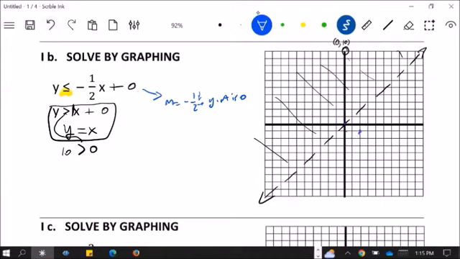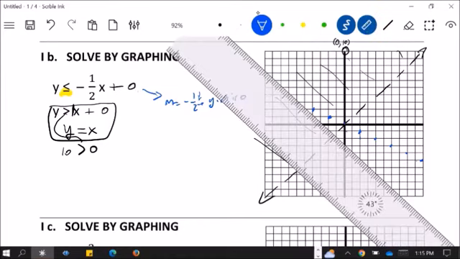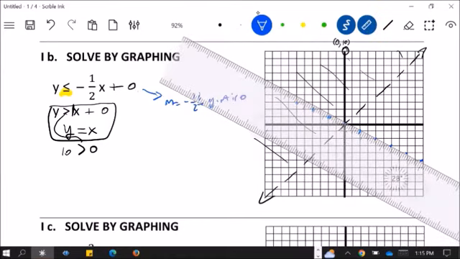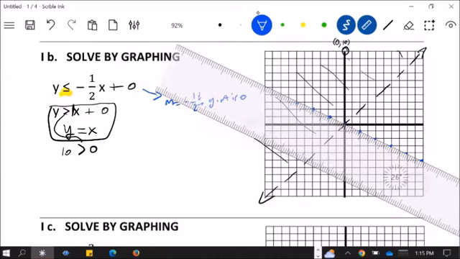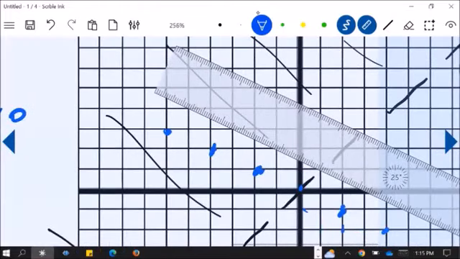Looks more like about there. Down 1 and over 2. All right, now that makes sense. And I can do the other one where I go up 1 and over 2 the other direction. That's enough to draw the line and to recognize and notice that it's going to be a solid line because it has an equal sign.